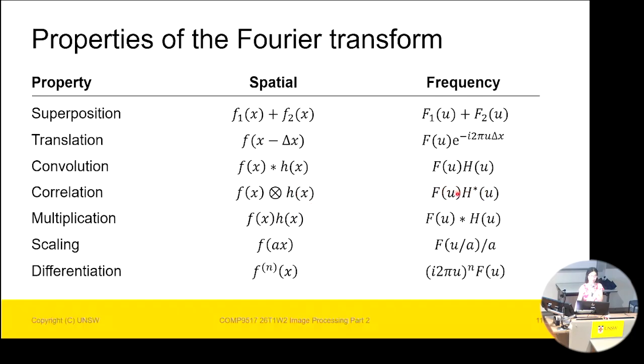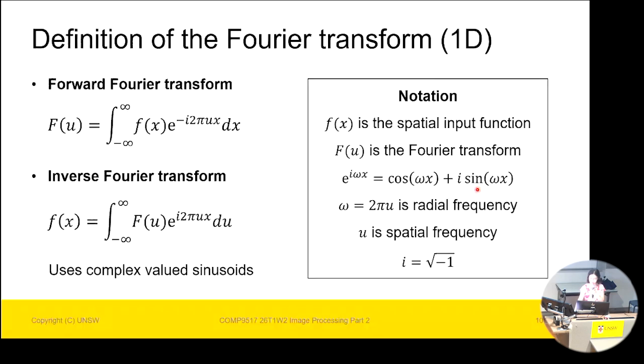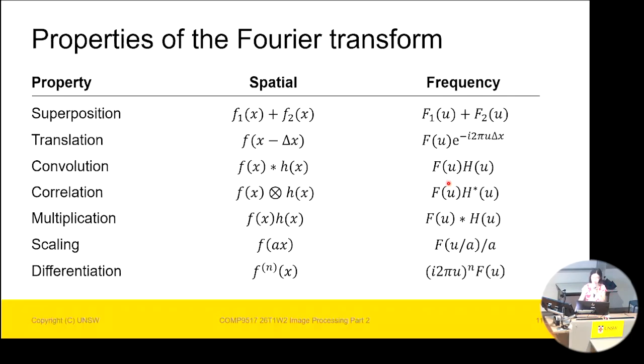It's not just multiplication anymore. And this symbol there means conjugate. So conjugate means essentially this term, you replace the plus with the minus. So that's what it means. We don't really need to use this anyway.